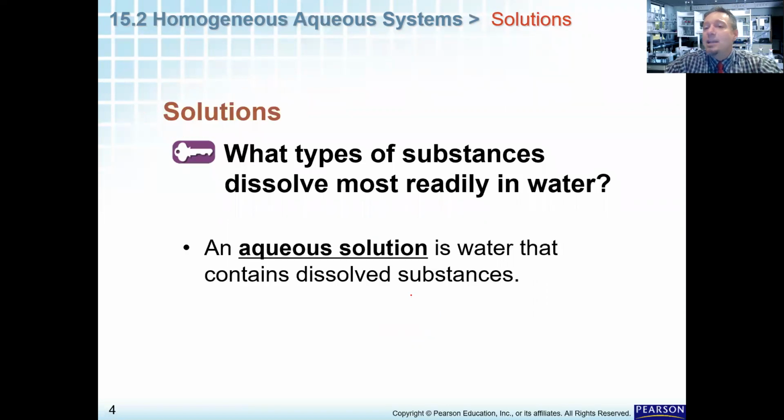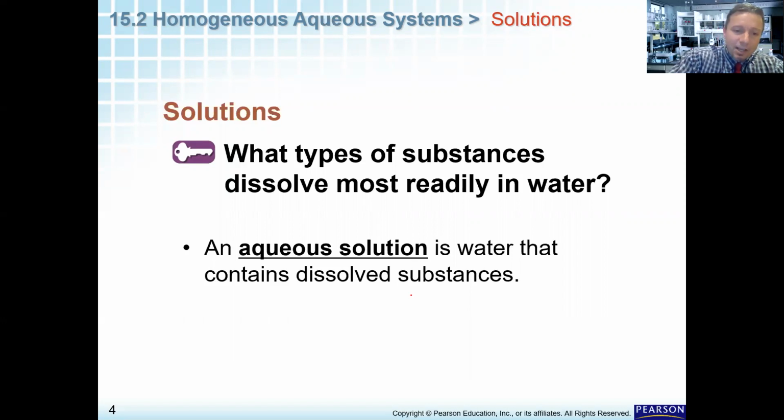An aqueous solution, another term for us, is water that contains dissolved substances. I'm going to be referring to some little demos I did earlier in the year.